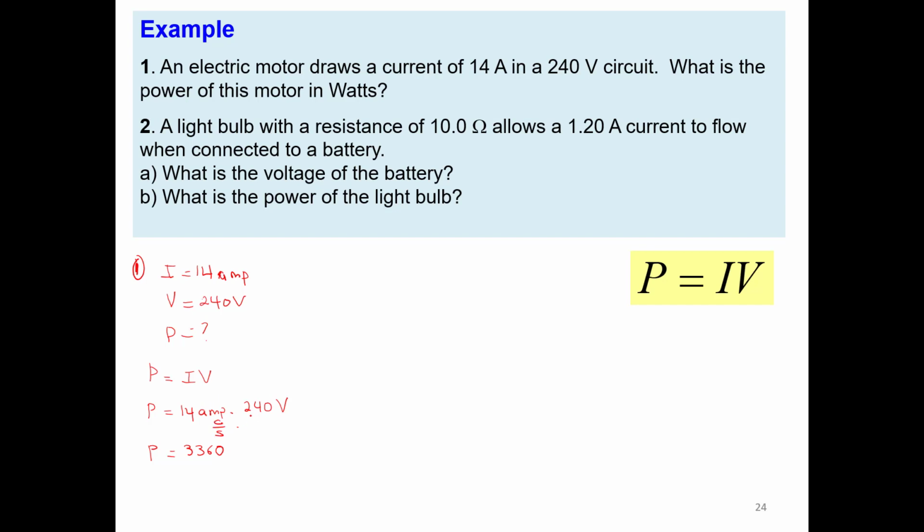And we know the voltage is joules per coulomb. Then the coulombs cancel out, and finally we had joules per second. And finally, the power is in watts. This is the answer.